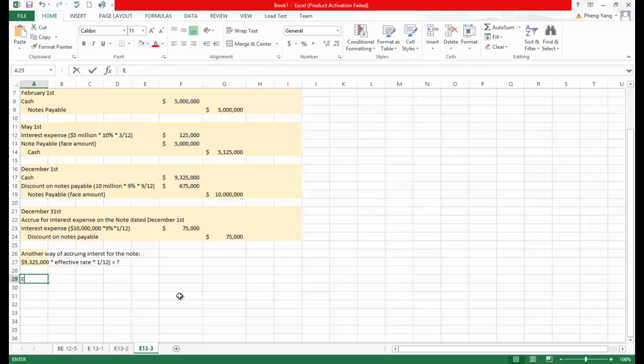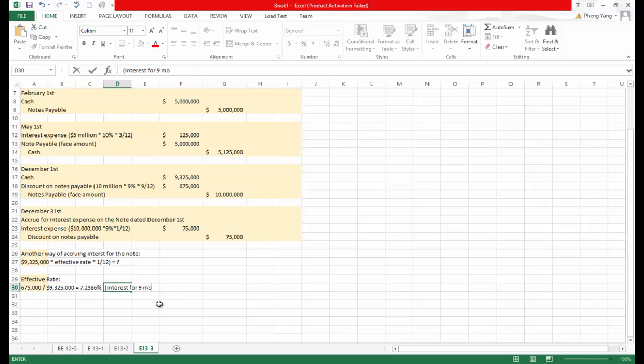All right, so to calculate our effective rate, we've done this before in the previous problem. To take our effective rate, we have to take that 675,000, okay, which is the discount on the note, divided by the amount that we received in, which is 9,325,000. That's going to equal 7.2386%.